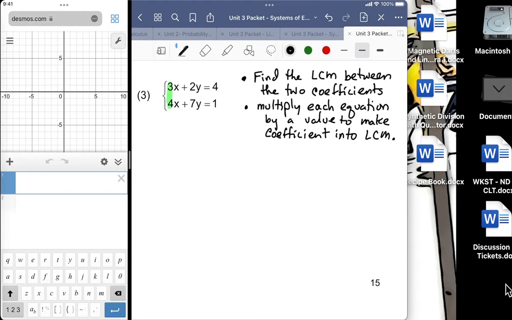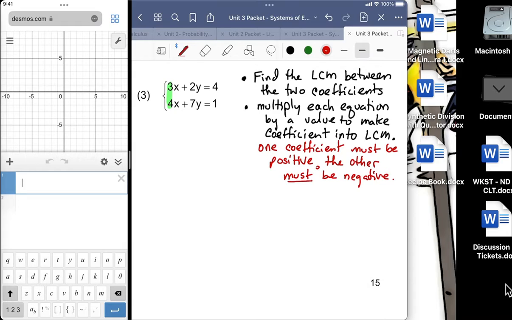Now this is a key fact. One coefficient must be positive, the other must be negative. So you have to make sure that that's the case.